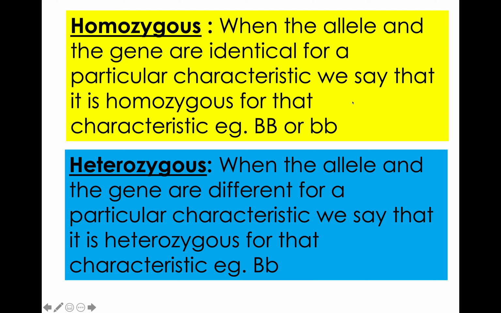These are a homozygous representation of a certain characteristic. If we look at a heterozygous condition, in this case, both the allele and the gene are different for a particular characteristic. If that's the case, we say that the person is heterozygous for that particular characteristic, and a heterozygous condition can be represented with a capital B and a small b.